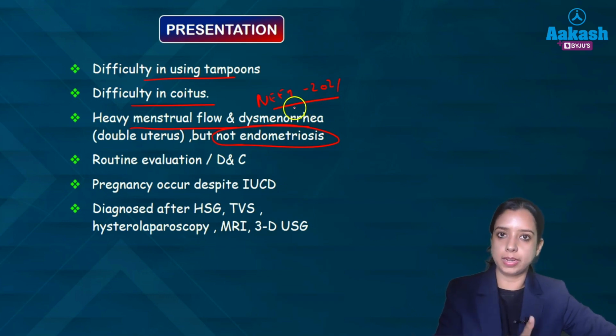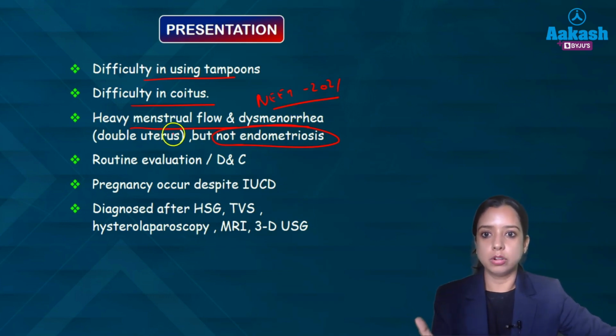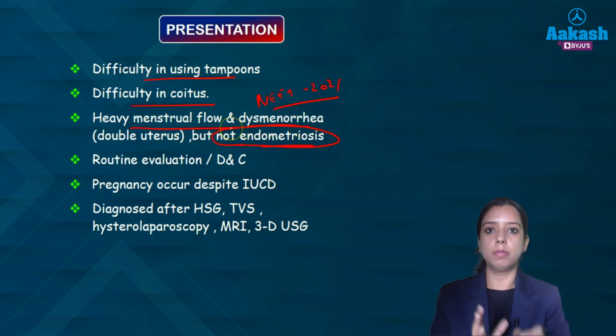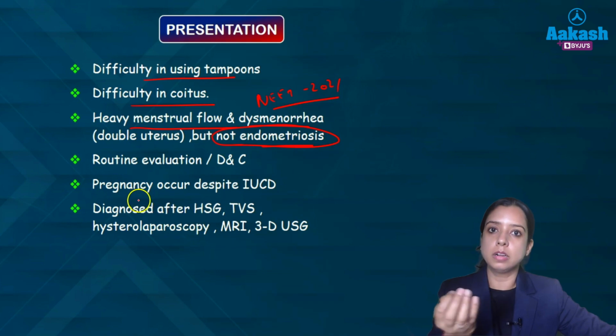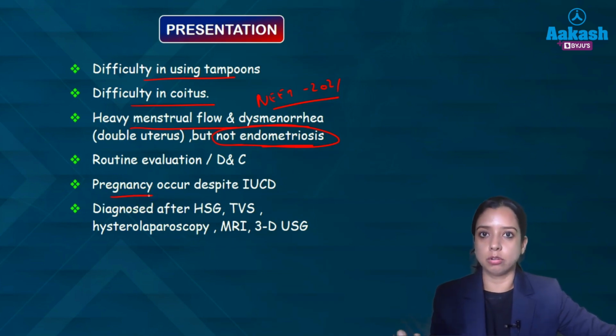There were certain obstetric complications and certain gynecological, heavy menstrual flow, dysmenorrhea were there. Endometriosis is not a problem with lateral fusion defect. It's a problem with transverse fusion defect. So that was the answer. Pregnancy can occur. So one way of diagnosis is that you have inserted an IUCD, but despite that pregnancy occurred in another horn. That's how you can diagnose also.